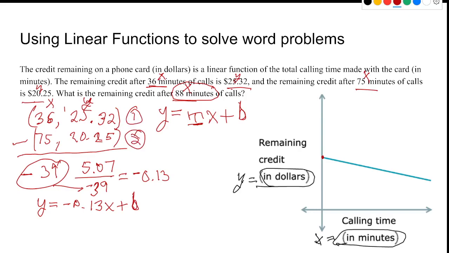So I'm going to take point 1, and so for the y value, I put in 25.32. That's equal to 0.13, and don't forget that negative, times the x value, which is 36, plus b. So I'll do the arithmetic. 0.13 times 36 gives us 4.68.